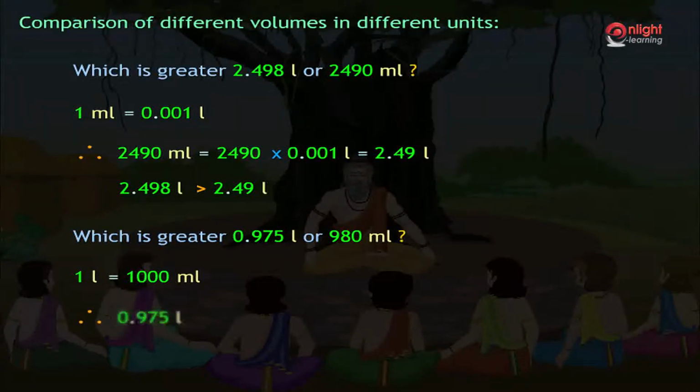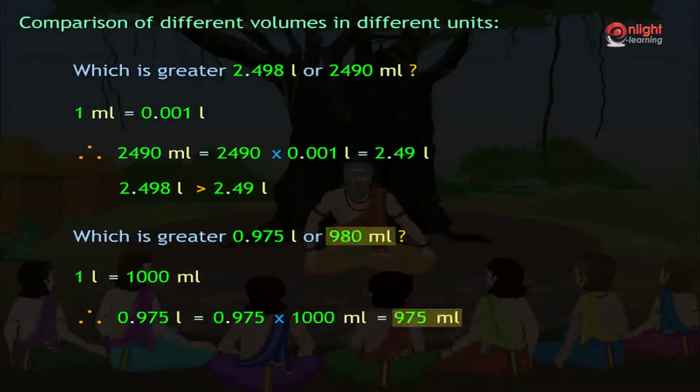Therefore, 0.975 liters is equal to 0.975 into 1000 milliliters, which is equal to 975 milliliters. Now, the two volumes can be compared as they are expressed in the same units. Hence, 980 milliliters is greater than 975 milliliters.